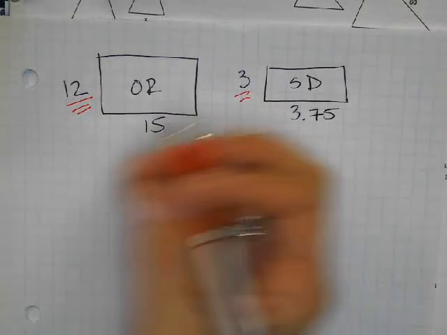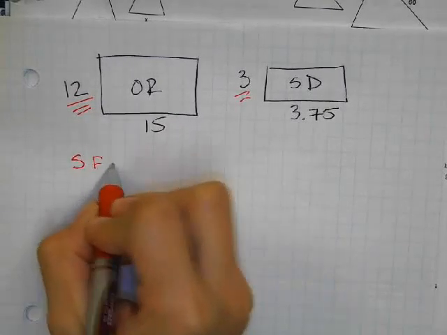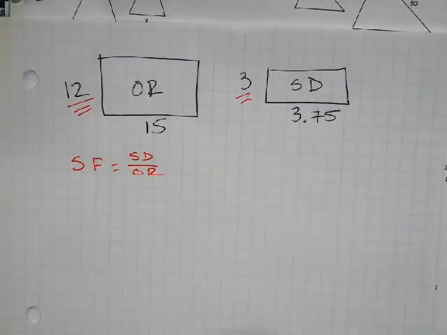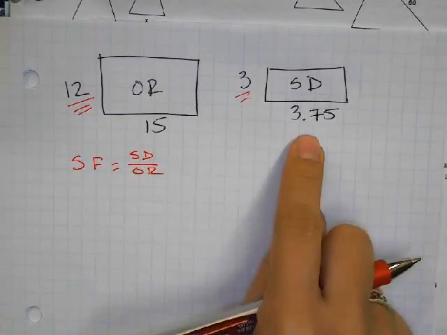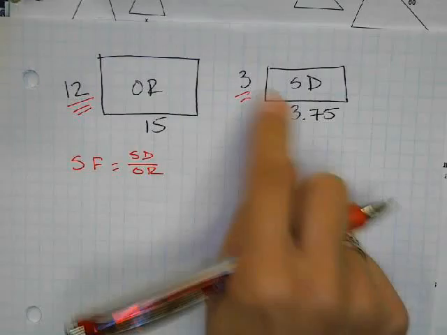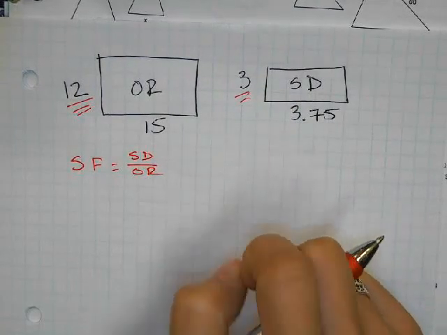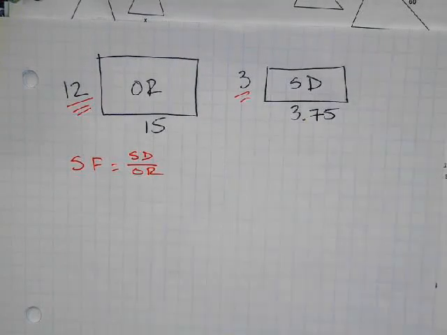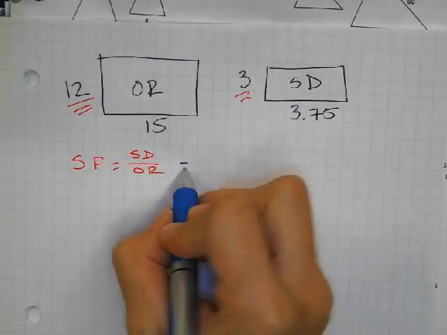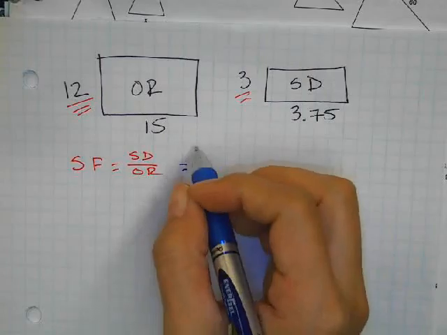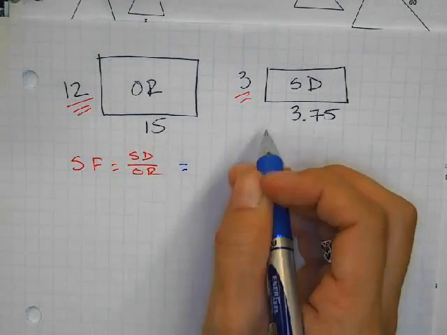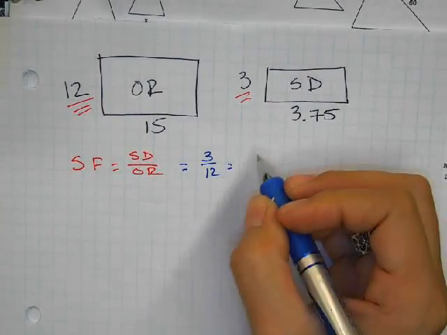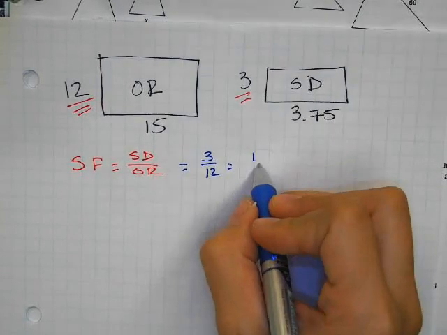Okay. So scale factor is equal to scale drawing over original. So go to your scale drawing. Do you want to pick 3.75 or 3? 3, right? You don't want to pick the one with the decimal. Sometimes you have to, but here we don't have to. So 3 over 12 is equal to 1 over 4.